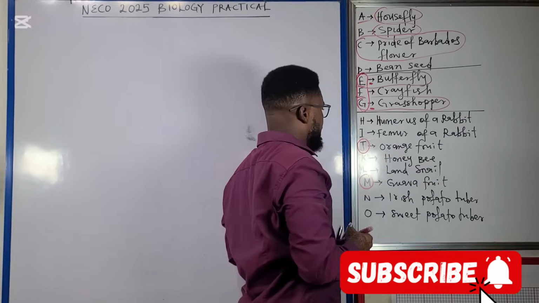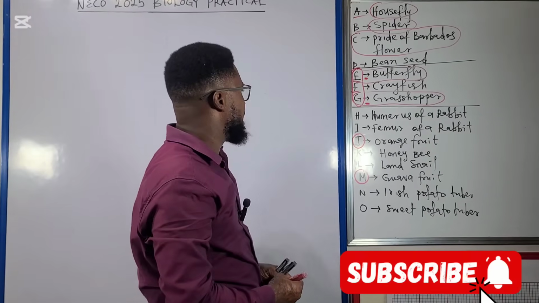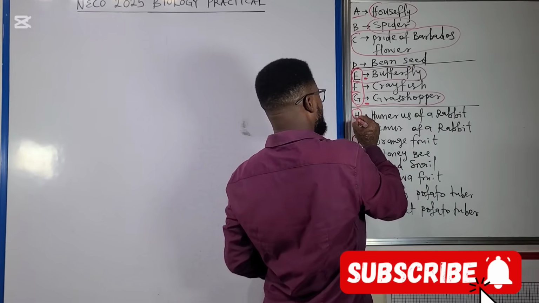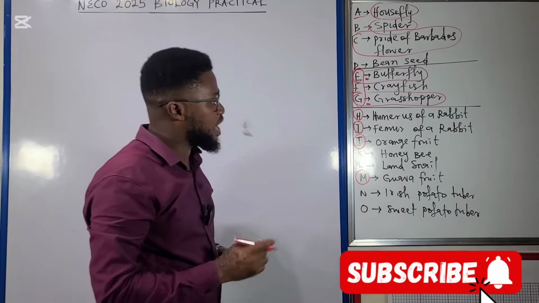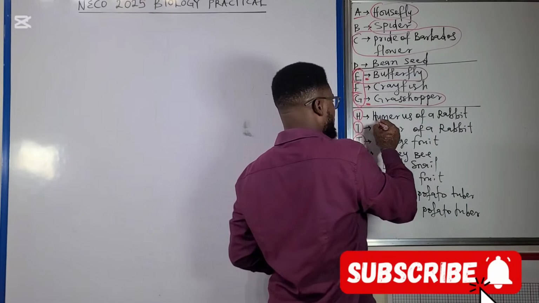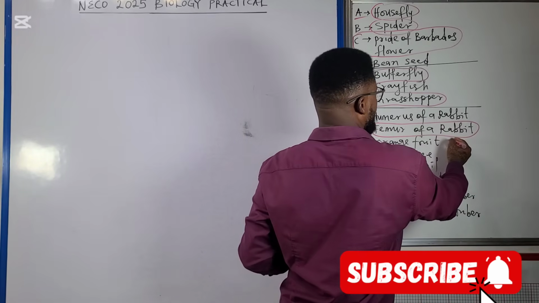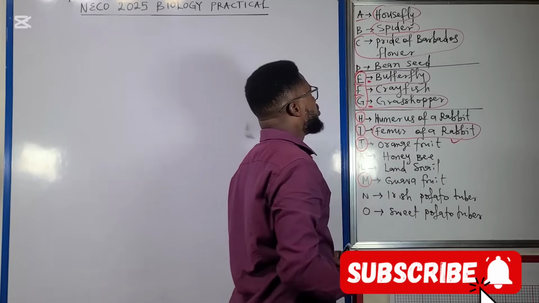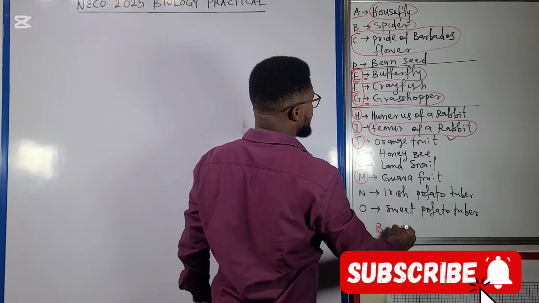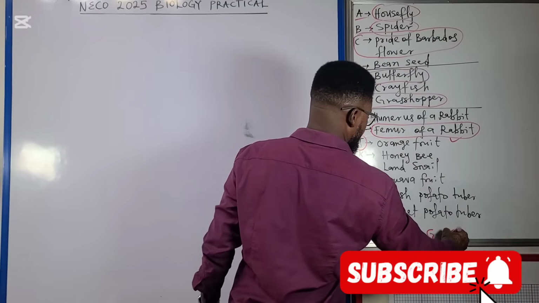And of course, if I'm to look at this last group, we have specimen H to O. I think between specimen H and specimen I, we should be having one drawing, but I think more probably I would go for the femur of a mammal, of a rabbit in this instance. So we'll be looking at the drawing for specimen A, B, C, E, G, and I.